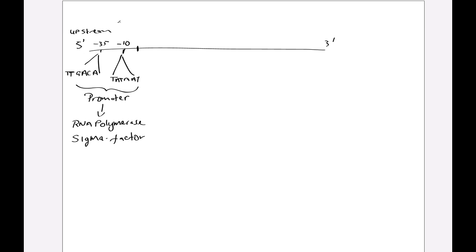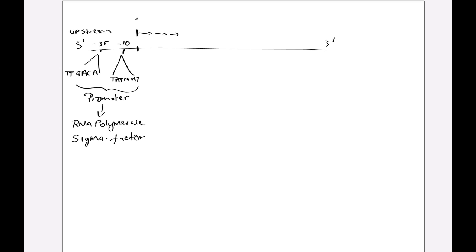Now, when the RNA polymerase recognizes this promoter element, it knows that it's going to begin transcription downstream of this element, about 10 base pairs downstream of the -10 region. And the RNA polymerase then starts making RNA.